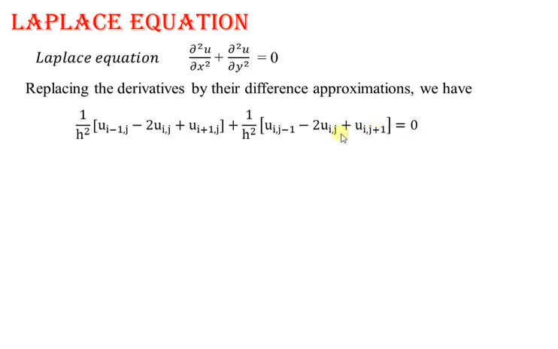Here we are considering a square mesh, so instead of writing the k value, we write h, because h is equal to k for the square mesh.